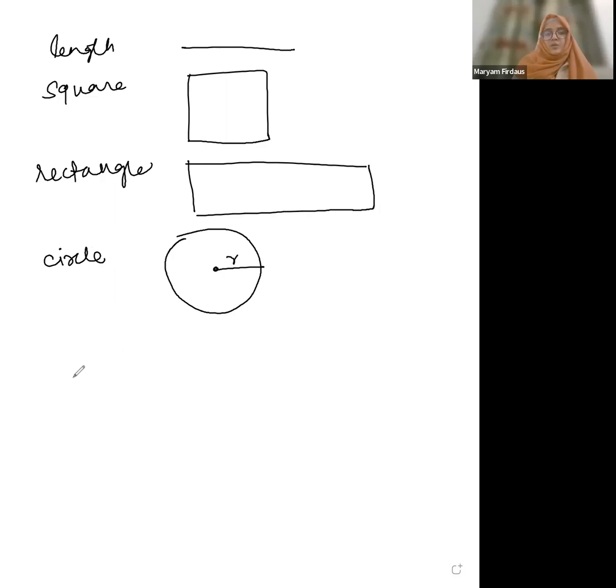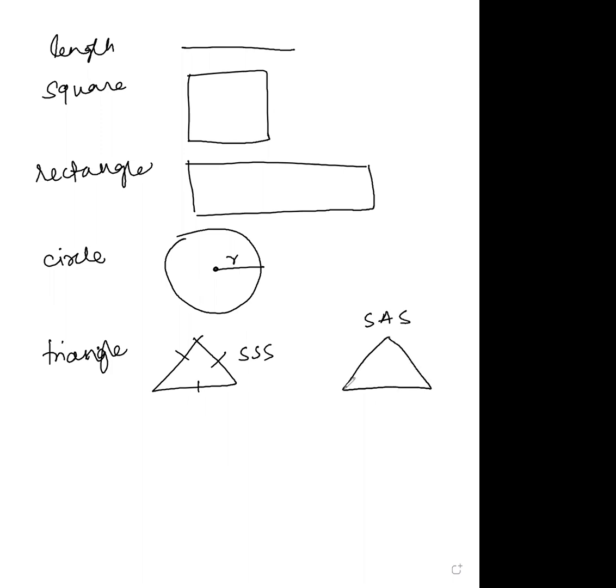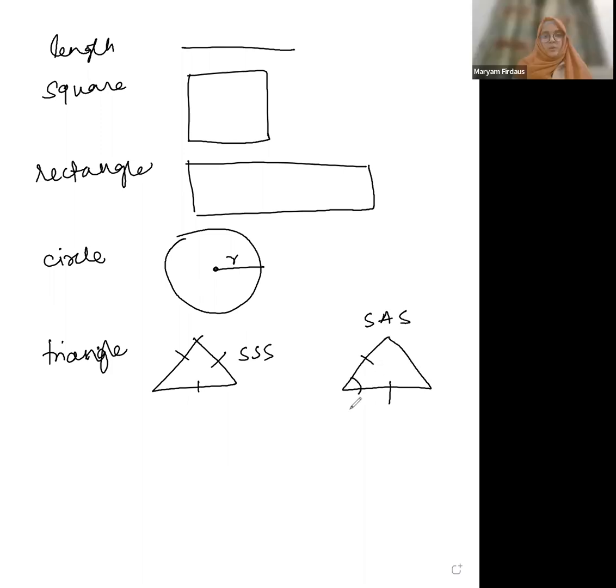Similarly, if someone's asking you to draw a triangle, you can draw a triangle with various measures. Either all three sides are given to you, which is known as SSS, or SAS, which is two sides and one included angle.